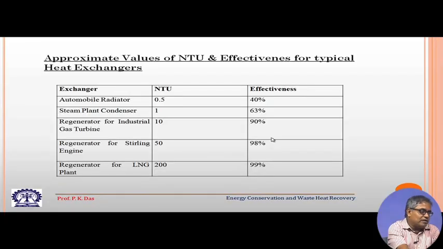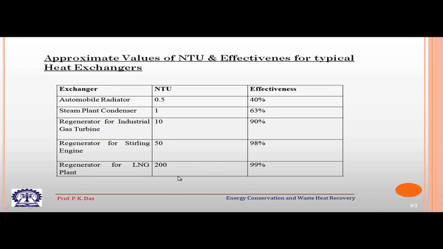So, again from this slide we can see that for a regenerator of a Stirling engine, for NTU 50, the effectiveness is 98%. So, only for a 1% increase from 98% to 99%, the NTU should be increased to 200.